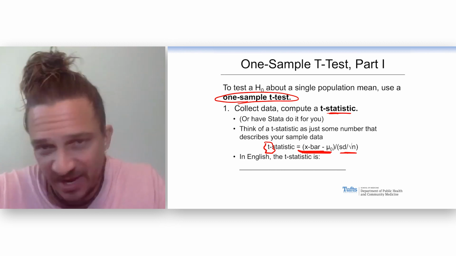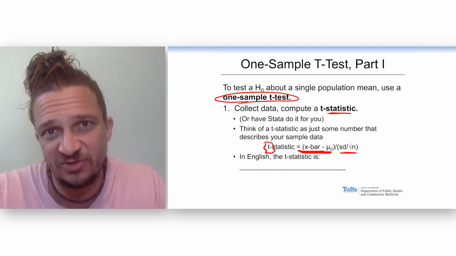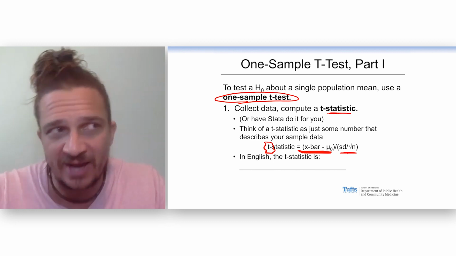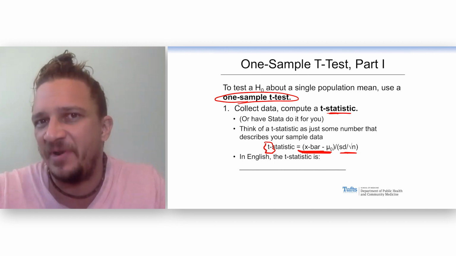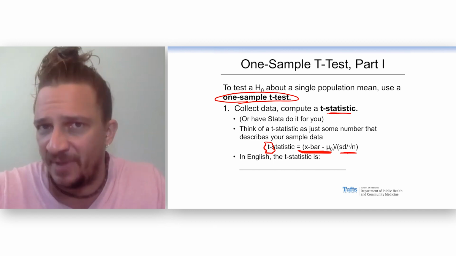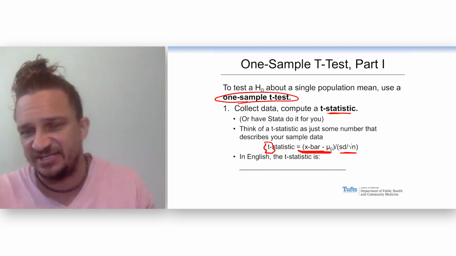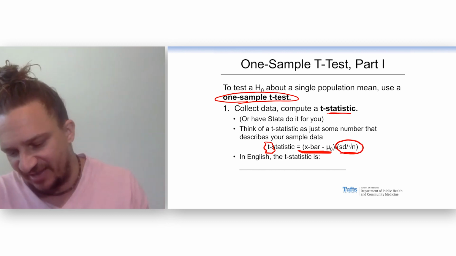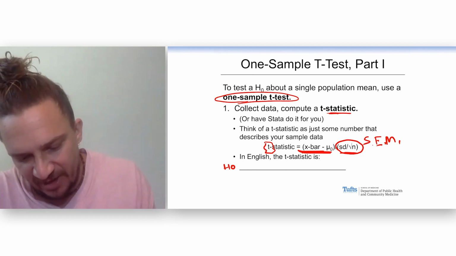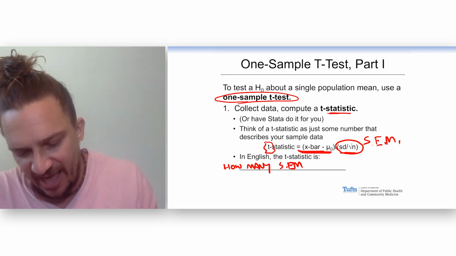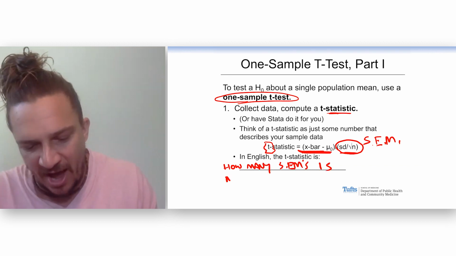This whole equation, to me, it kind of looks like a z-score. Remember, a z-score was each value minus the mean divided by the standard deviation. So we said a z-score is how many standard deviations am I from the mean? If you recognize that this is the SEM, then the t-statistic is how many SEMs is my mean.